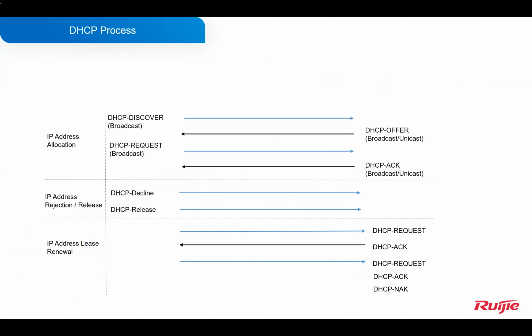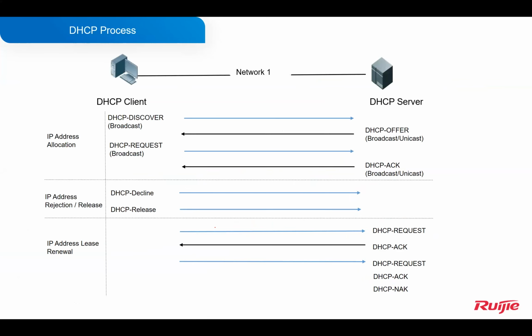Here is the DHCP process. The DHCP process is actually between the DHCP client and the DHCP server. It's very simple. The DHCP client first sends the DHCP discover to our server.